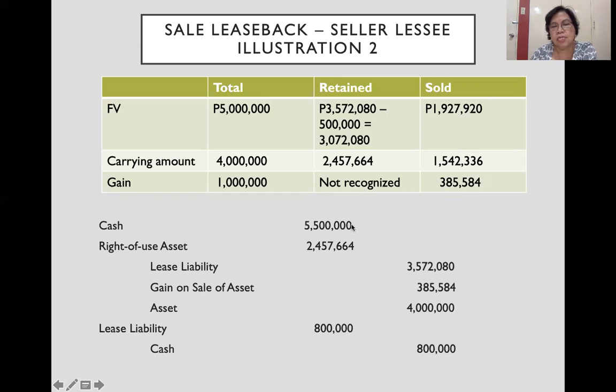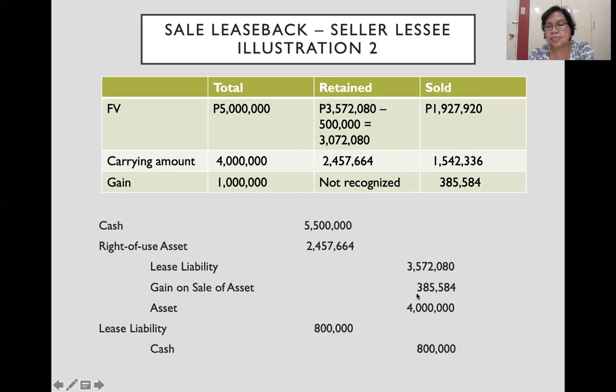So, our entry: debit cash for the selling price, which is now 5,500,000. Debit right of use asset for 2,457,664. Credit lease liability is still equal to the present value of the periodic payments.